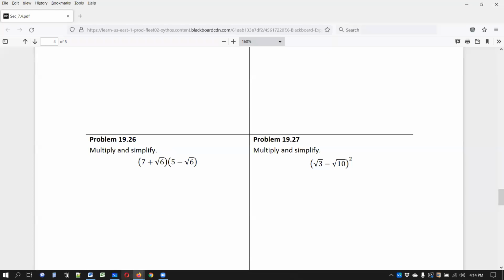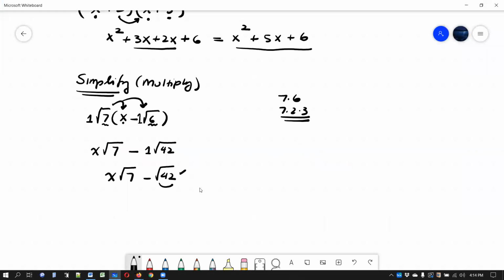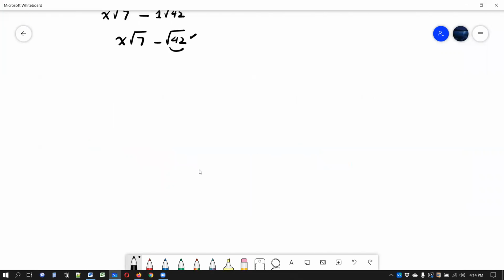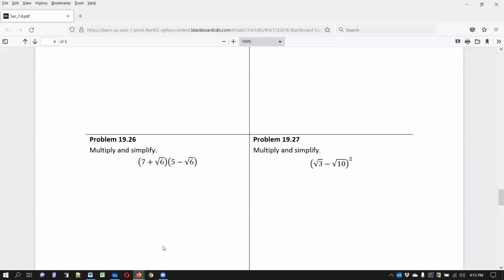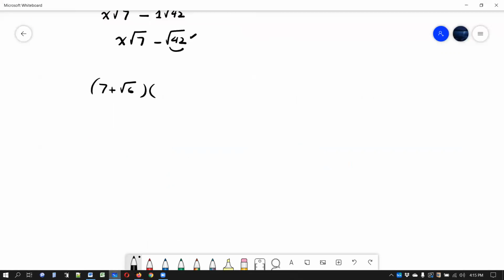Okay, so 7 plus radical 6. 5 minus radical 6. Good. So this is 2 terms by 2 terms. This is the FOIL method, right? And we'll multiply this by that.